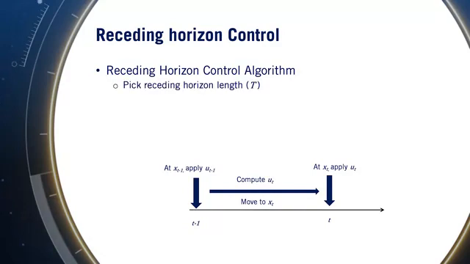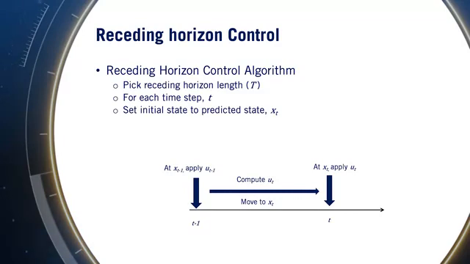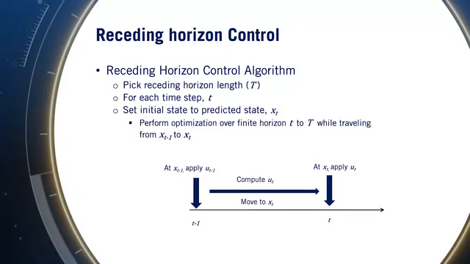First, we define the receding horizon length t. Then we set the initial state for the optimization to be the predicted state at the end of the optimization, x, at time t. Next, we solve the optimization as the vehicle moves from its current state at time t-1 to x of t, using the control input identified in the previous optimization.